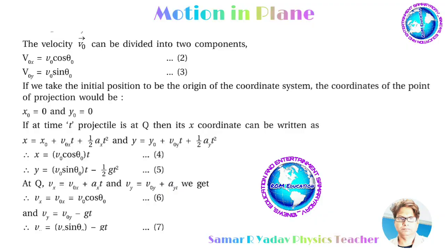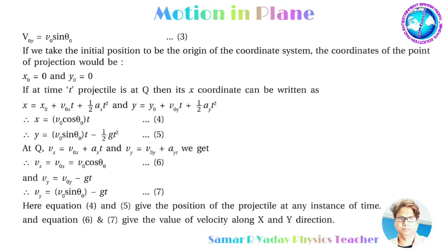Therefore x is equal to (v0 cos theta 0) into t, equation 4, and y is equal to (v0 sin theta 0) into t minus 1/2 g t square, equation number 5.